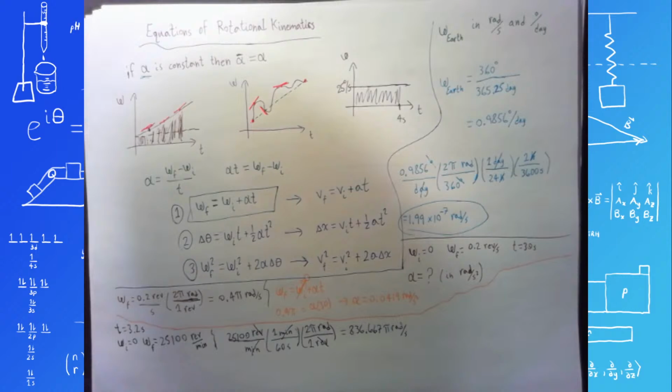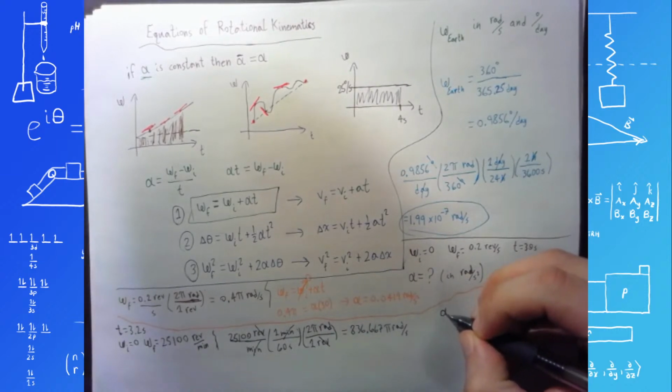So 836.667 divided by 3.2 is 261.458. Yeah, 261.458.